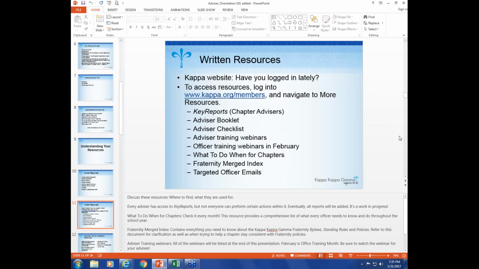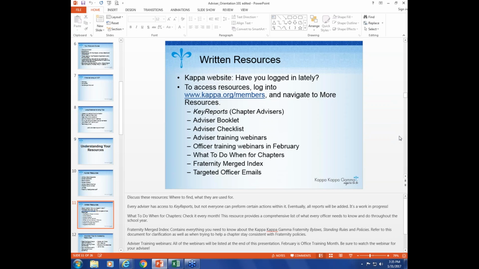So also on what I call the blue bar page, which is really sort of the menu page, the advisor booklet is there, and it has all the information that you need to be a great advisor. Some good general information and then specific information for specific advisors.